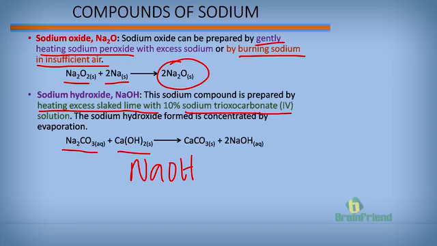So when this reaction takes place, sodium hydroxide is formed, and limestone, calcium carbonate, is also formed. The sodium hydroxide formed is concentrated by evaporation. You can get more of this, or concentrate it, by evaporating it to remove its water.